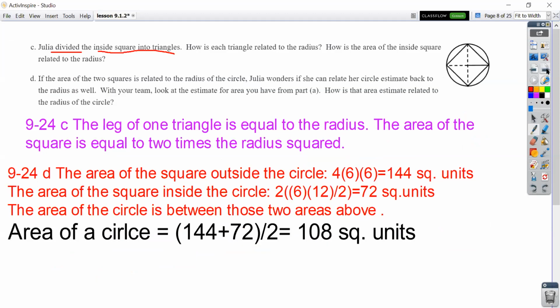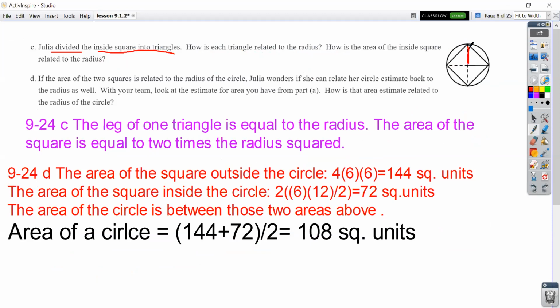All right, question C. Julia divided the inside square into triangles. So the inside square into triangles. How is each triangle relating to the radius? Okay, did you notice the leg? This is the leg.